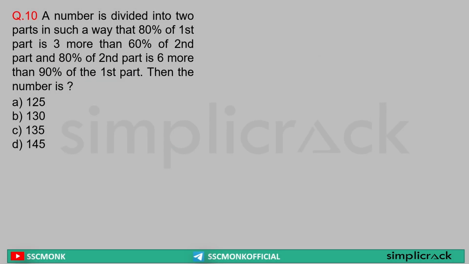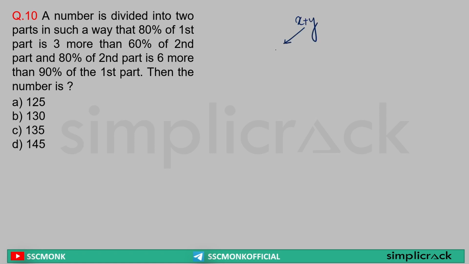A number is divided into two parts in such a way that 80% of first part is 3 more than 60% of the second part, and 80% of the second part is 6 more than 90% of the first part. Then what is the number? Okay, now let's say a number was x plus y.